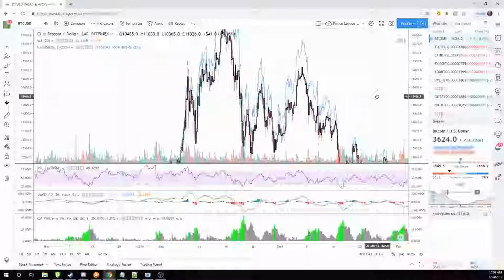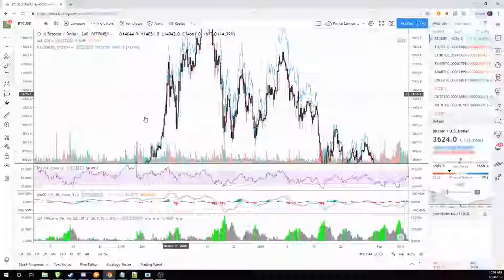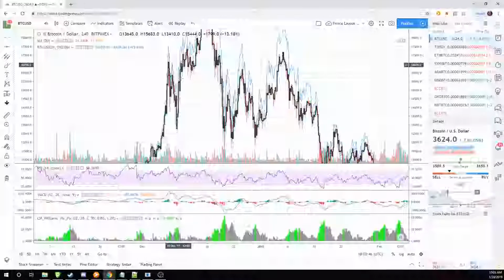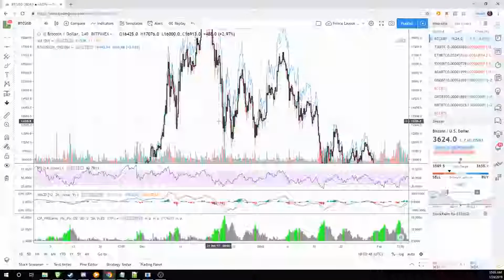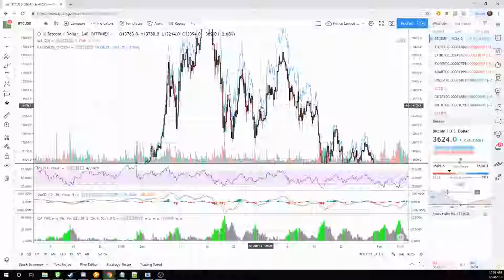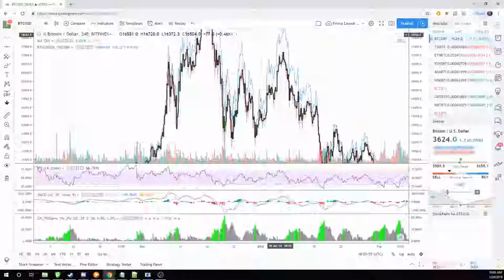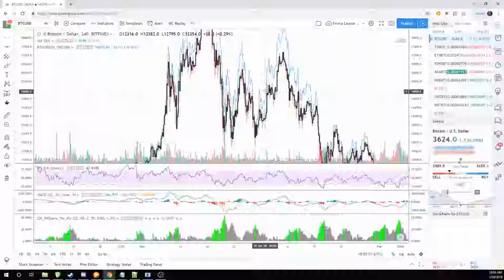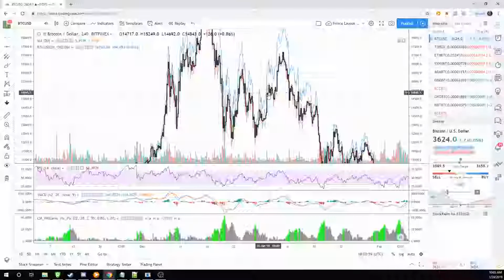I want to point out that here, during this time of really heavy volatility, futures were really consistently above the price. And it was consistently dragging the price up ahead of the market motion.